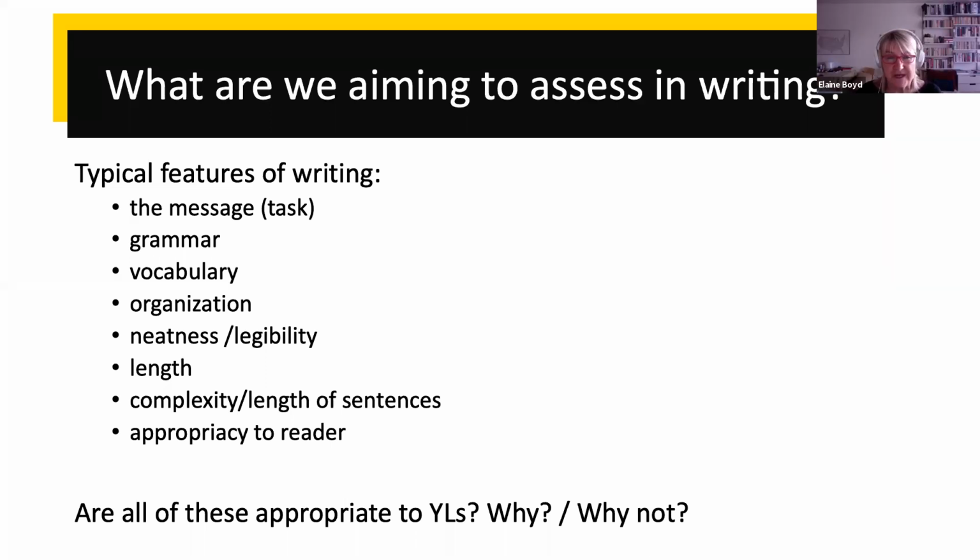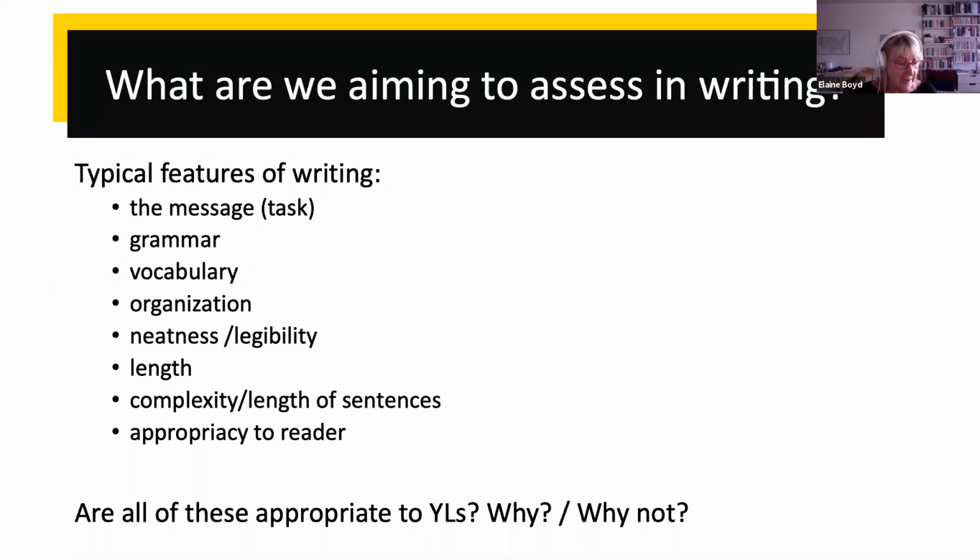Most of you said you're going to assess vocabulary, and vocabulary and grammar come out very strongly as being something that you can assess in the writing skill. Now, I understand that's necessary, especially in some contexts.